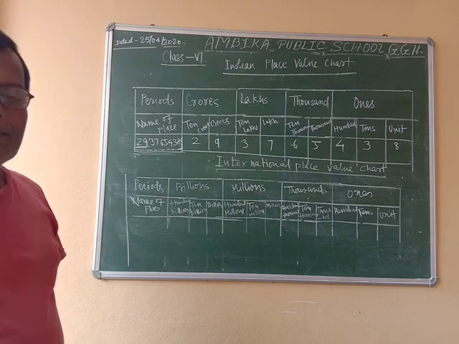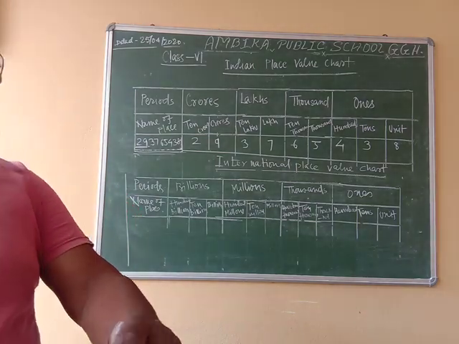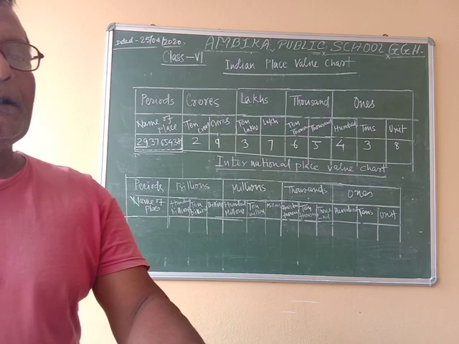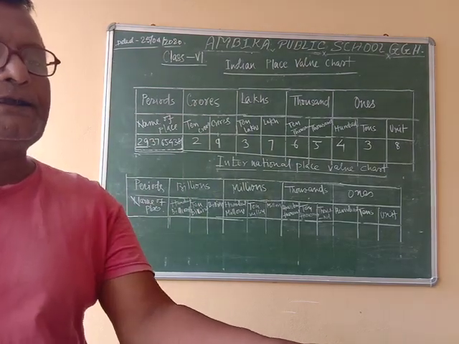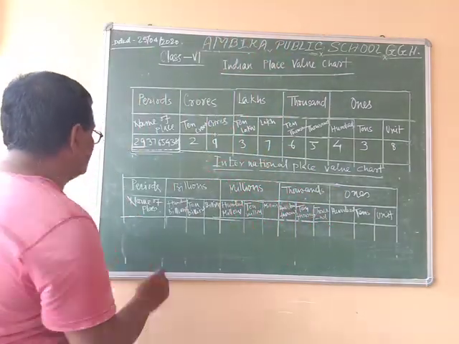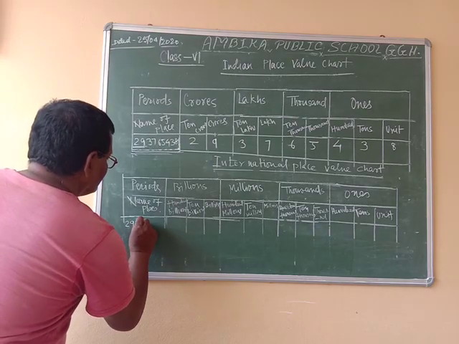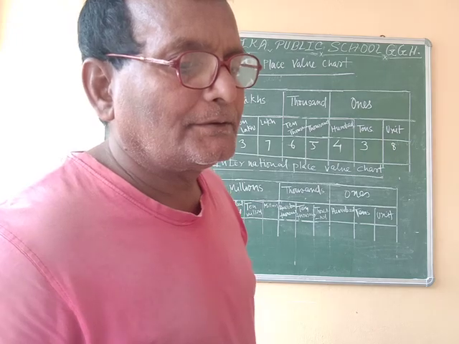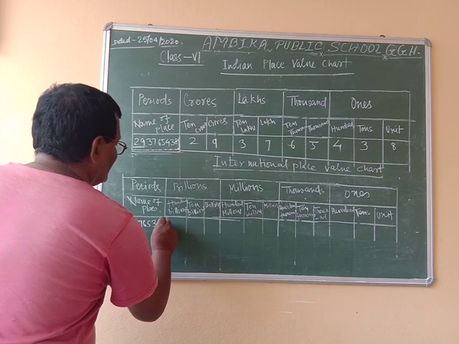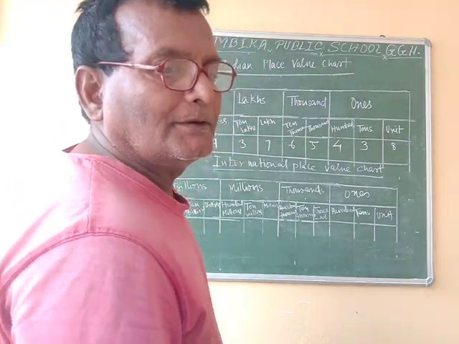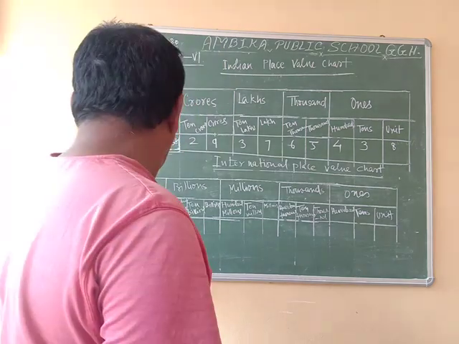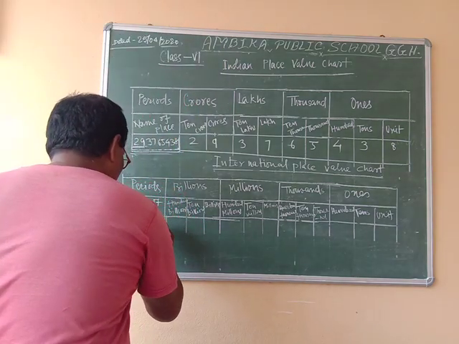If you have to write any number, as for example, and you are asked to write it in the international place value chart. The number is 29376548.